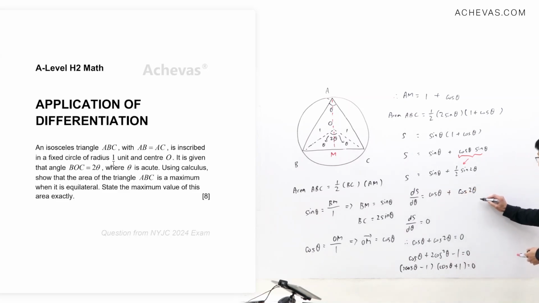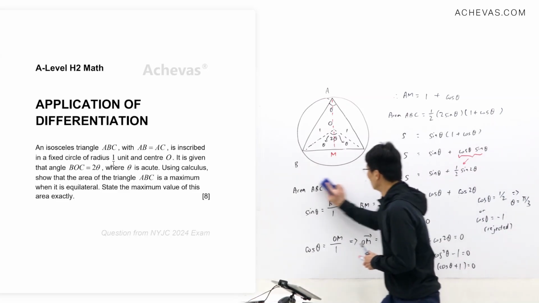Solving for theta here, we get cos theta equals half or cosine theta equals minus 1. This one will be rejected because the angle we would get here is 180 degrees. When we solve for theta, we get theta equals pi over 3.